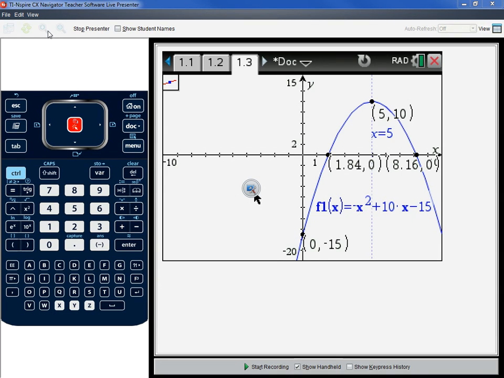So I have my line of symmetry at x equals 5. I have my y-intercept at 0, -15.